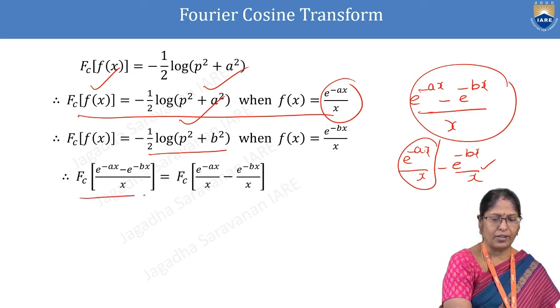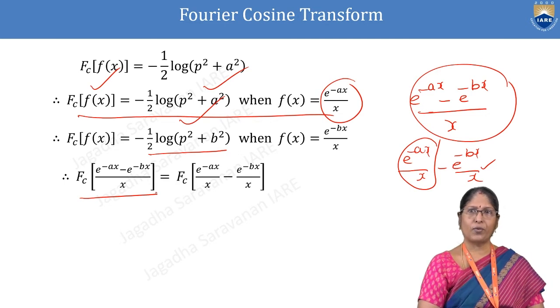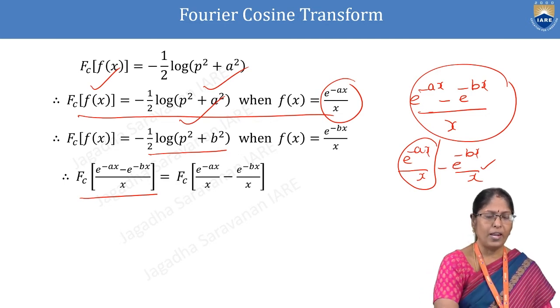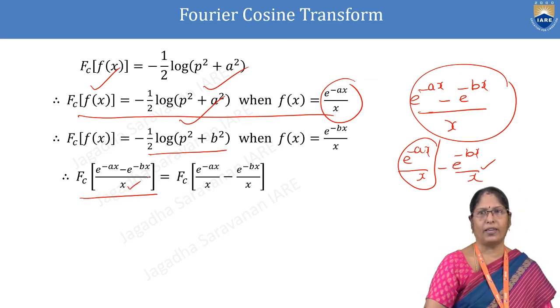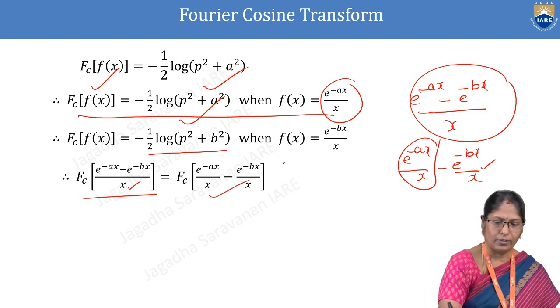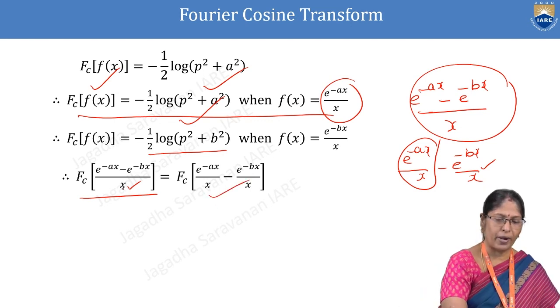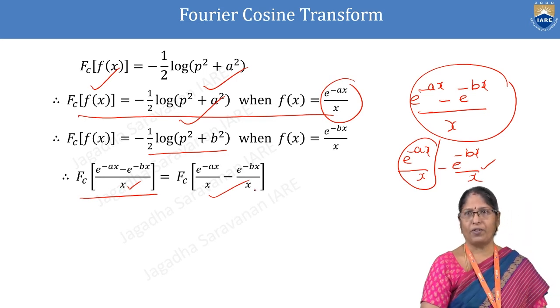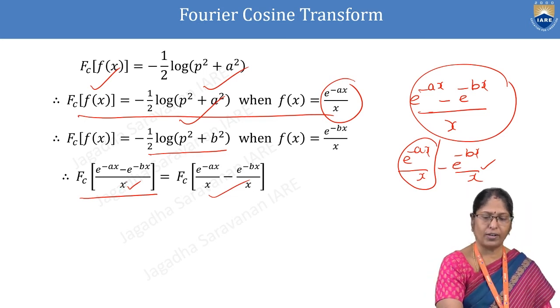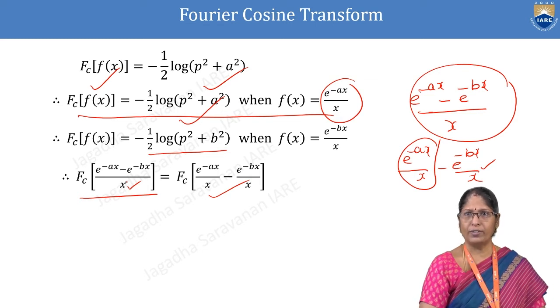So the question is written: Fourier cosine transform of e power minus ax minus e power minus bx by x. Here x is the common LCM, so we separate it and write it as two functions.